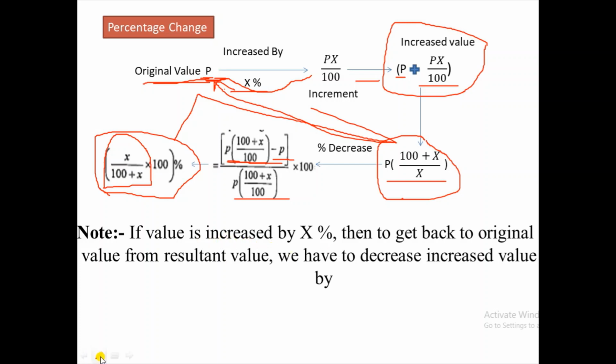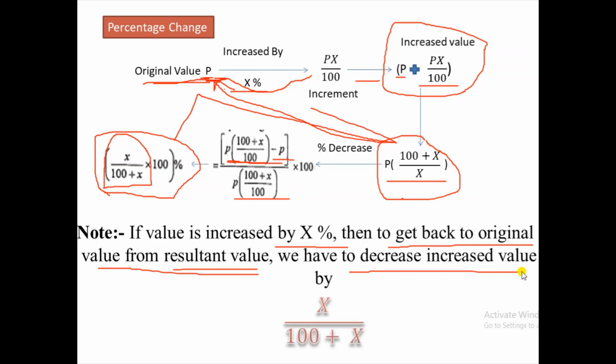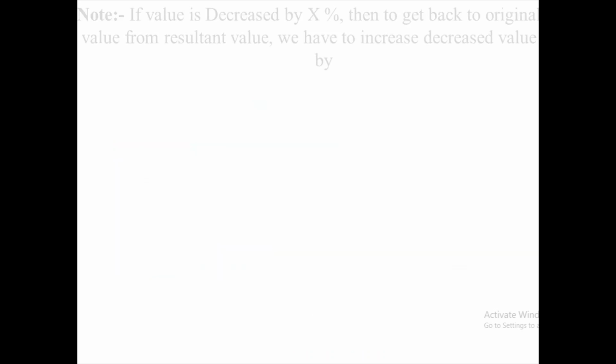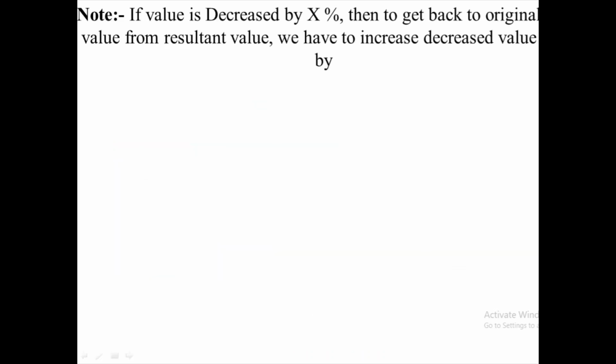It means when the original value P is increased by x%, we will get this. If we have to reach the original point once again, we will have to decrease by x divided by (100 plus x)%. So increase by x, we get this. Decrease by x divided by (100 plus x), we get the original value.